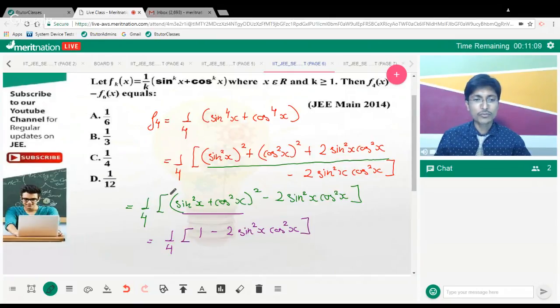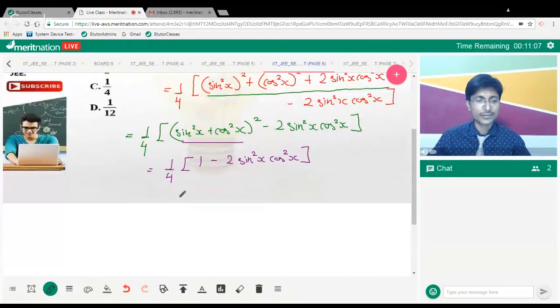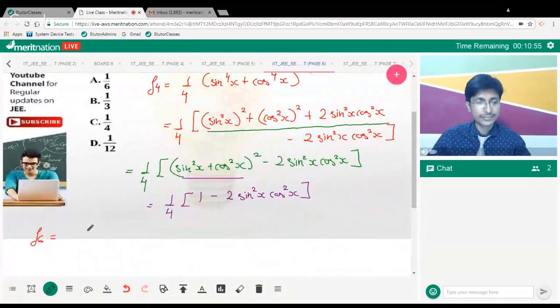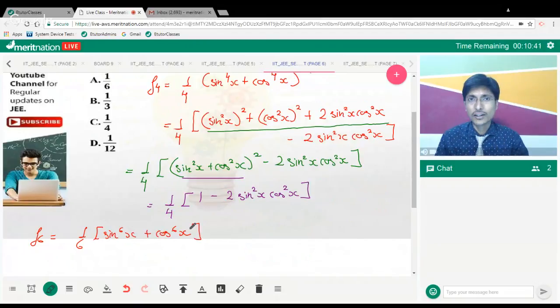Now it comes to finding the value of f6. So f6 is equal to 1 by 6 times sine raised to the power 6 x plus cos raised to the power 6 x. Now we again move to our fundamentals, that we need sine square x plus cos square x anyhow.